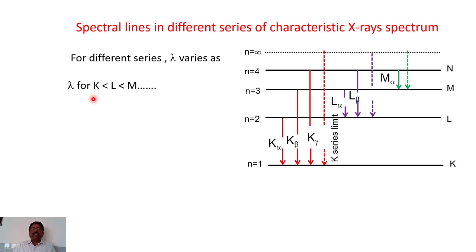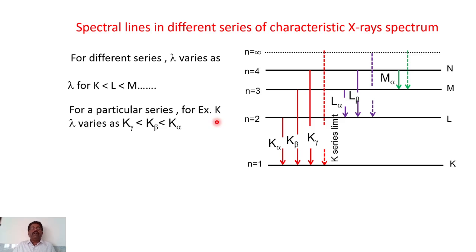Okay, so lambda for K is smaller than L is smaller than M. This is the representation. Similarly, if you think of the lambda for a particular X-ray photon, K alpha, K beta, K gamma in a typical series like K series, then the wavelength varies, as you can see here.